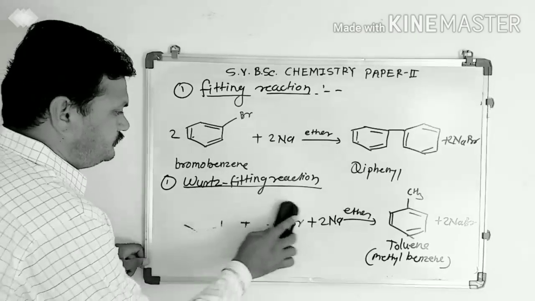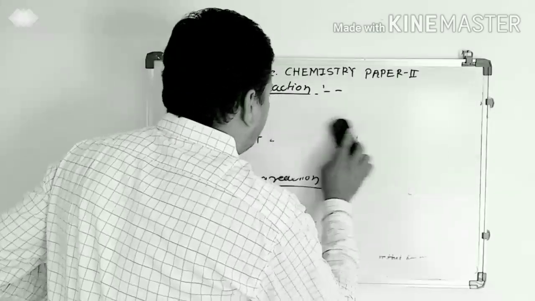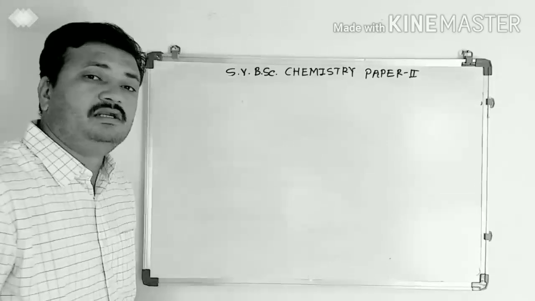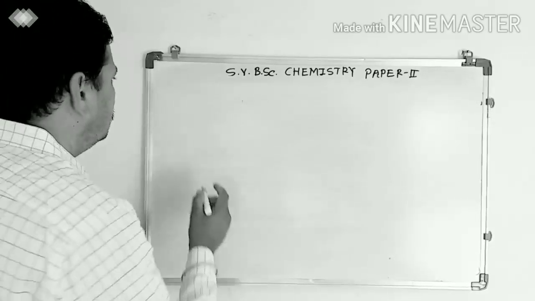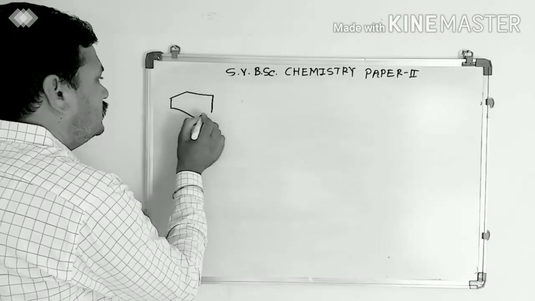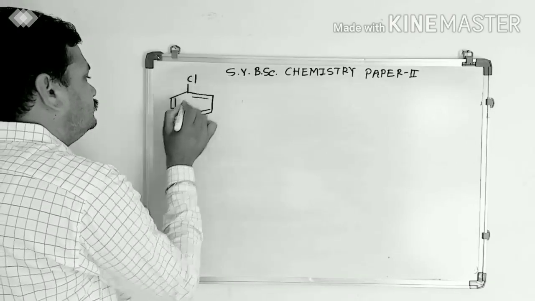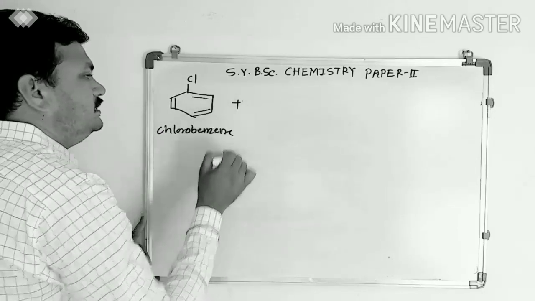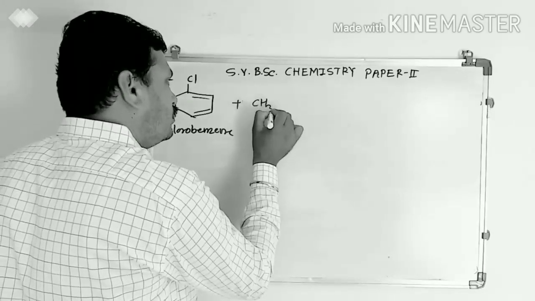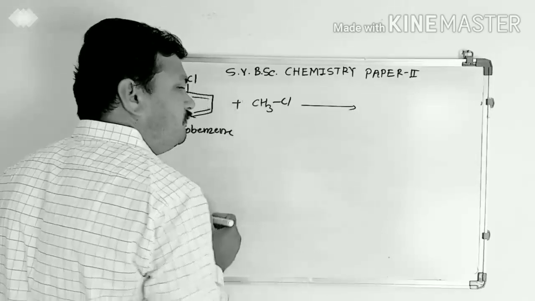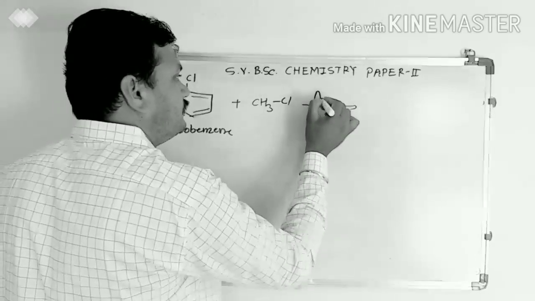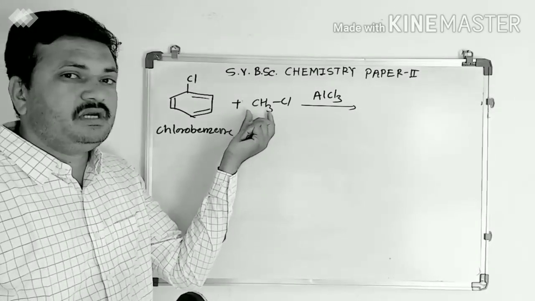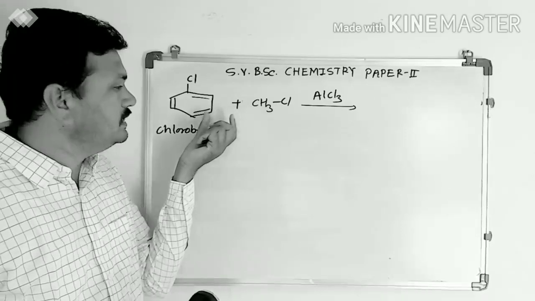Next reaction, the Friedel-Crafts alkylation and Friedel-Crafts acylation, these reactions are also possible using aryl halides. Any aryl halide, for example, chlorobenzene. When chlorobenzene is treated with methyl chloride in presence of Lewis acid catalyst, it is AlCl3, then there is substitution of this methyl group on this aromatic ring.